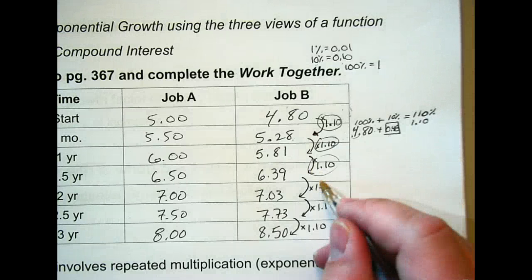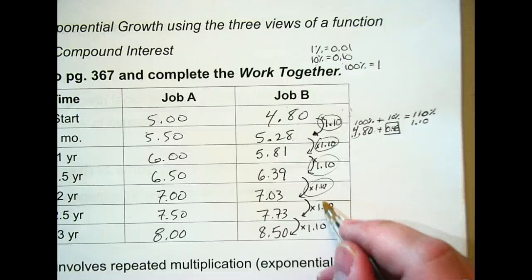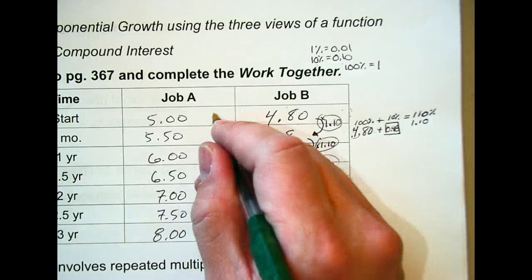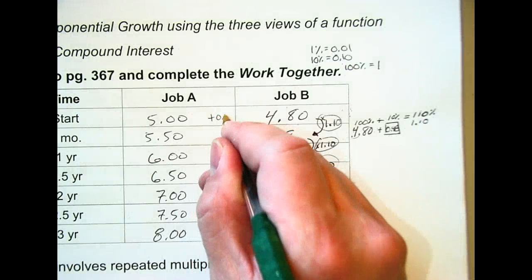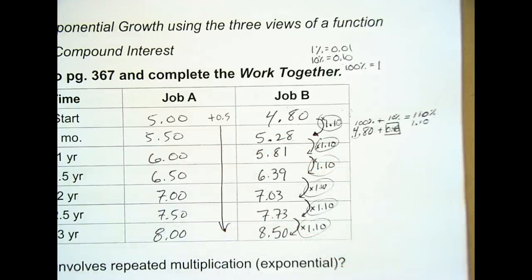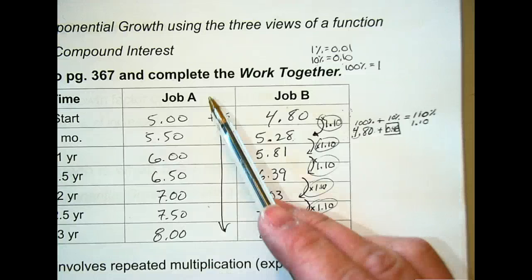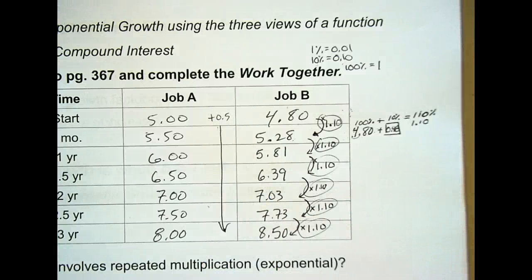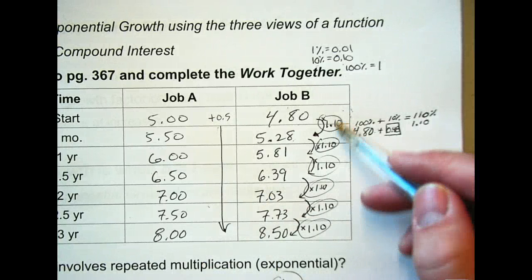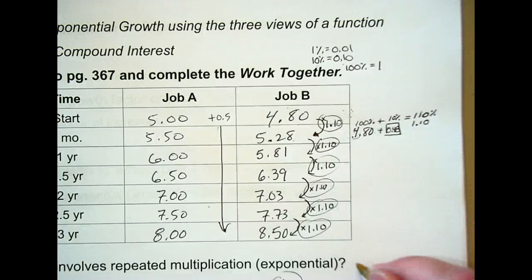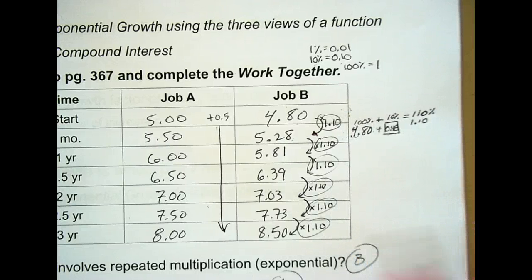Which one was repeated multiplication and which one was repeated addition? Well, Job B, this one is adding 0.5 every time. What relationship is that? Is that linear or exponential? Linear. This is exponential. Tell your neighbor why this is linear and this is exponential.